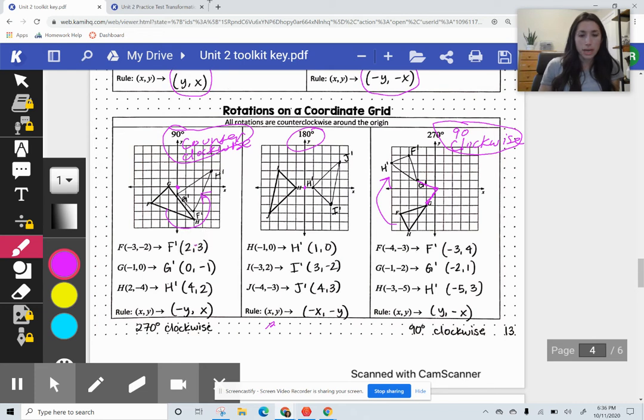What you're noticing happening is negative 3, that's the x, stays the same. It's going into the x location, which is now here. And then our y, which was negative 2, changed signs and it went to the front. Okay, and we can check with one other coordinate point. We can check here. This 2 remained a 2. Great. This negative 4 switched to this location here, and the sign changed.